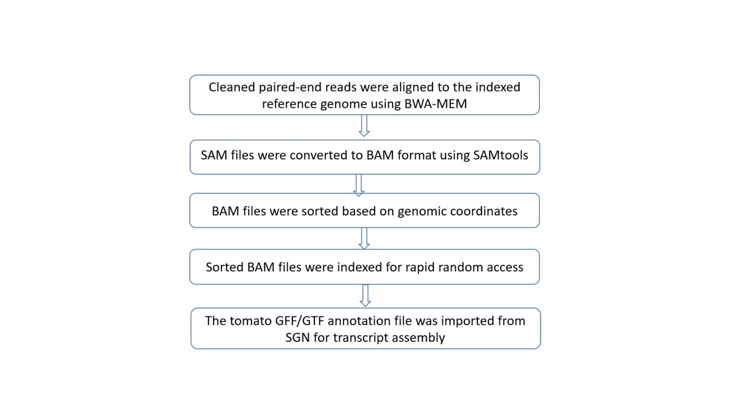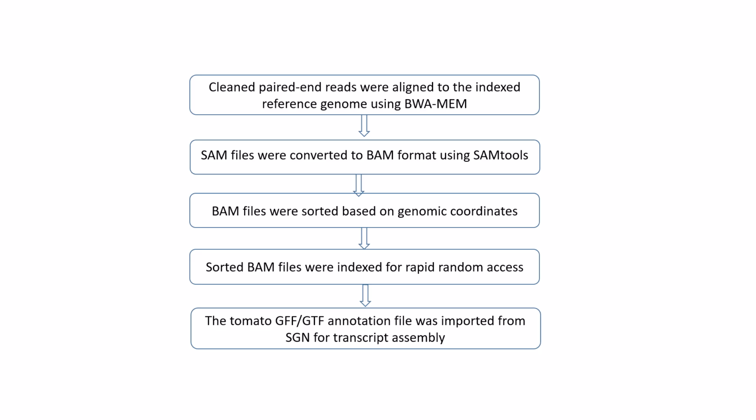The next step is read alignment and BAM processing. So, the high quality reads were aligned against the tomato reference genome using BWA-MEM. This step identifies the genomic origin of each read. The resulting SAM alignment files were then converted into BAM format for compressed storage and faster processing.